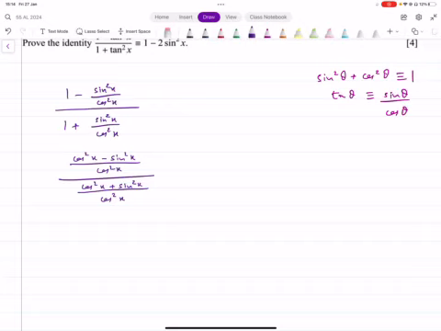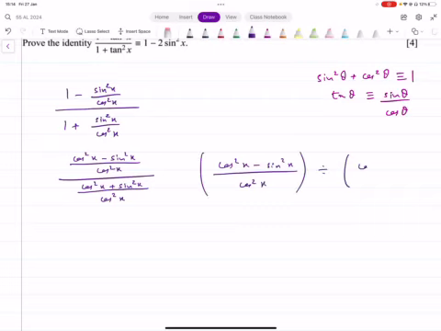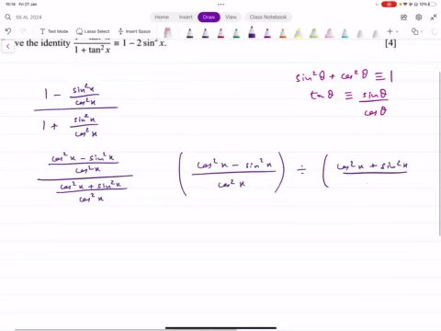Does that make sense or is it too complicated to write this way? You want to write it separately? Yeah, this is okay. How many of you prefer writing this way as compared to writing it like this? Cos square x minus sine square x over cos square x, then this whole thing divided by cos square x plus sine square x over cos square x.